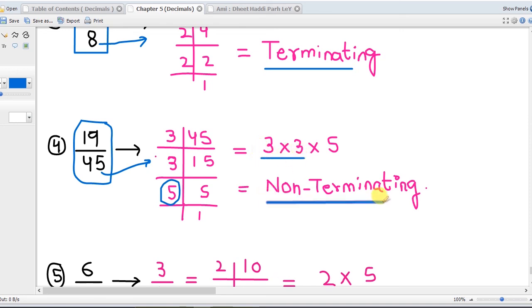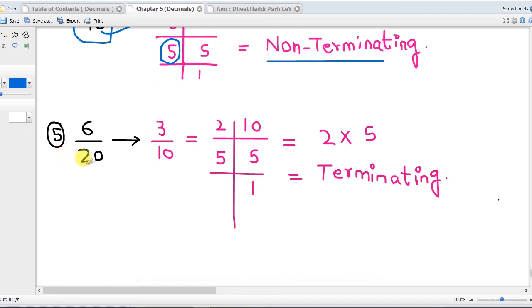So this is non-terminating, right? For terminating, you only get 2 or 5 or both. We will not have any other value except 2 or 5. If you are getting other values besides 2 and 5, the fraction is non-terminating, right? It keeps on moving.